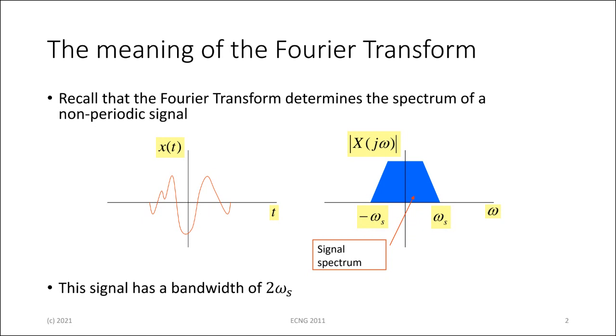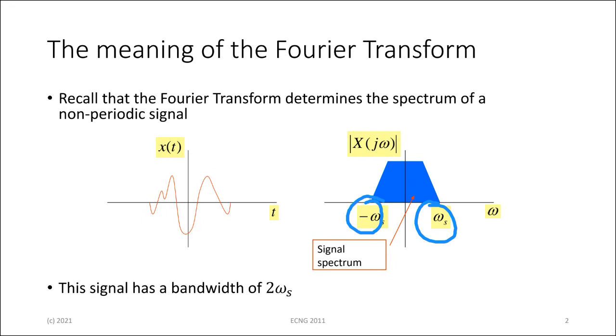This diagram shows an arbitrary signal on the left-hand side and the signal spectrum on the right-hand side. And notice that X of j omega runs from minus omega s to omega s.